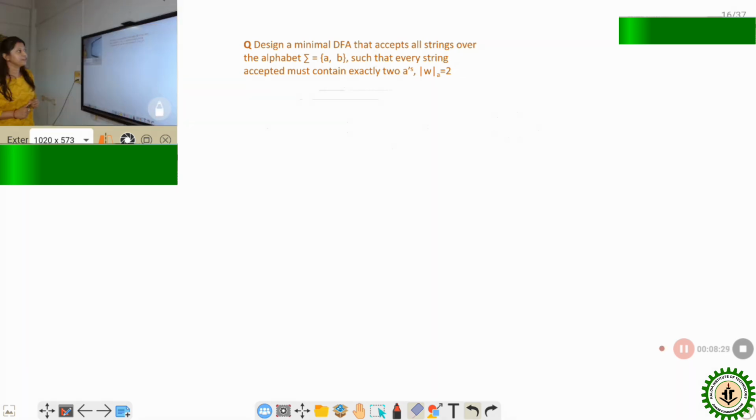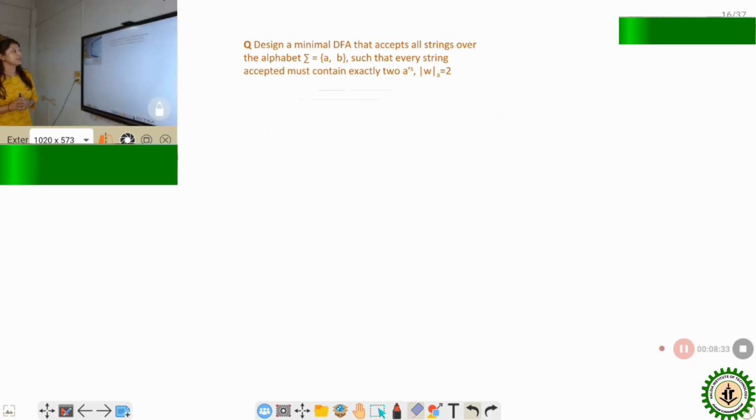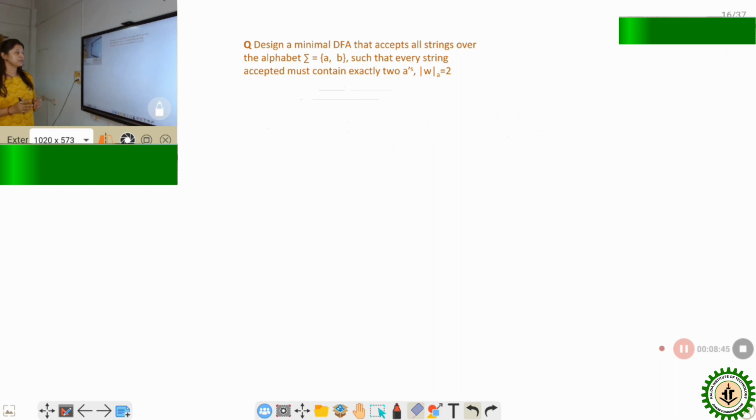Design a minimal DFA that accepts all strings over the alphabet sigma equal to A, B, such that every string accepted must contain exactly 2 A's. That means in our input string it must contain exactly 2 A's, not less than 2 and not greater than 2.